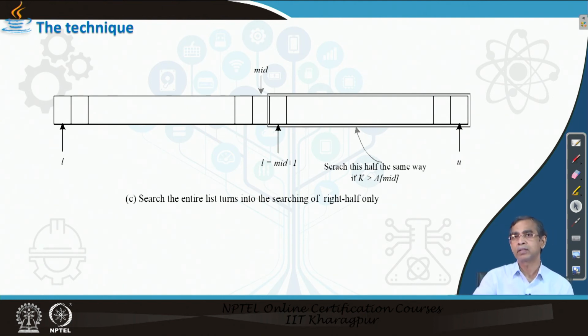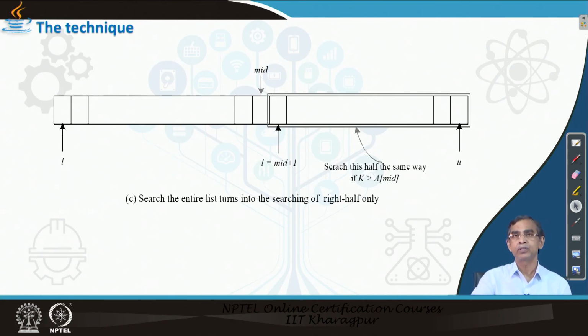So, it depends on the target element, and this procedure will continue until we come to a list which is no more splittable. I mean, we will not be able to divide it into two parts. That means it contains only one element, or you already found the element, that means a match occurred.